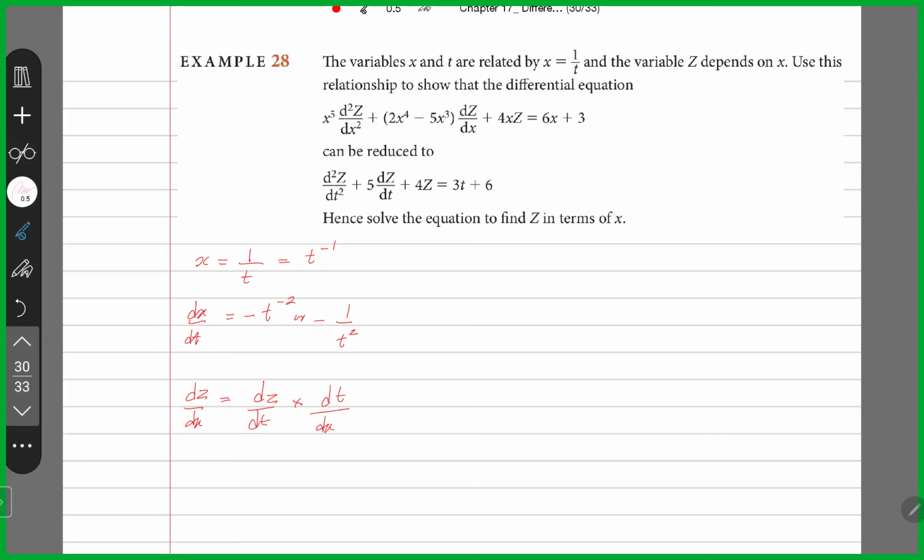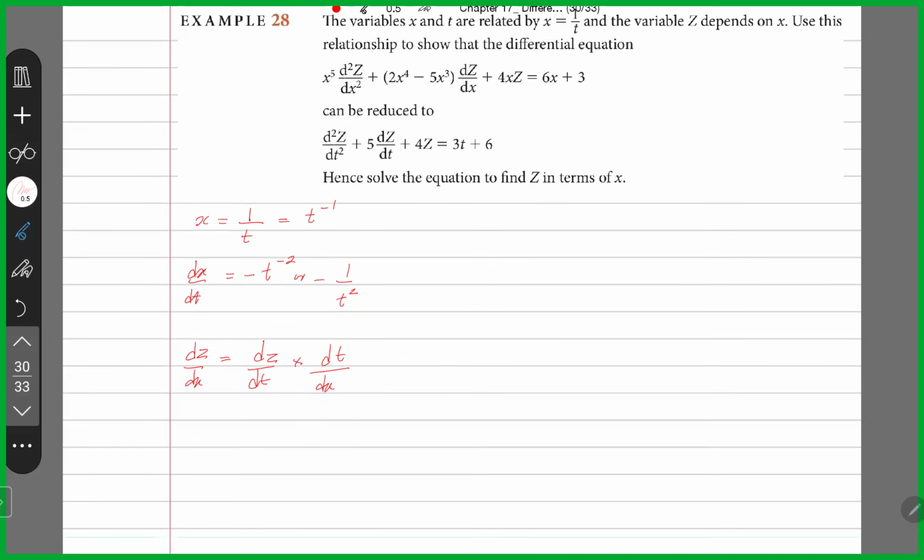So dt by dx is 1 over dx by dt. So this is dz by dt times 1 over dx by dt, which is minus t squared. So we could write this as minus t squared dz by dt.